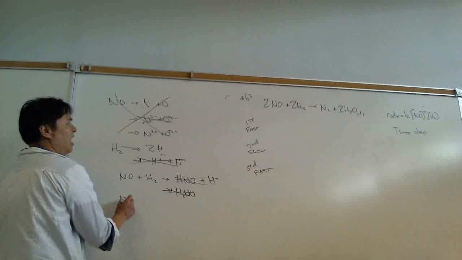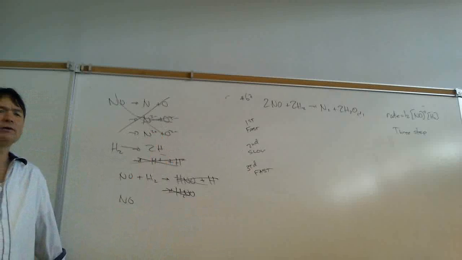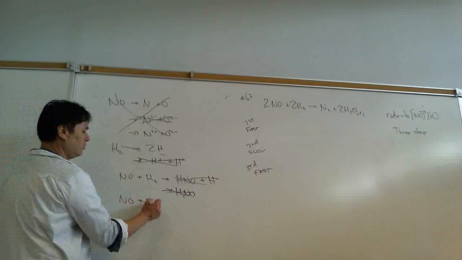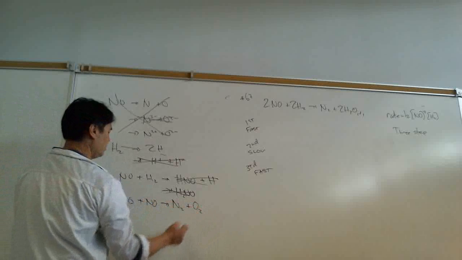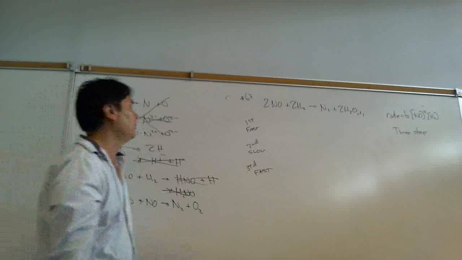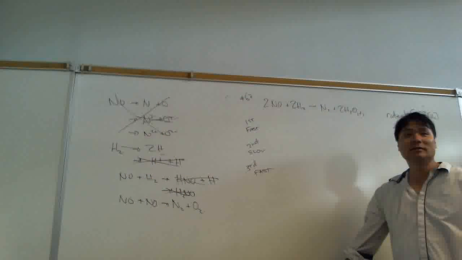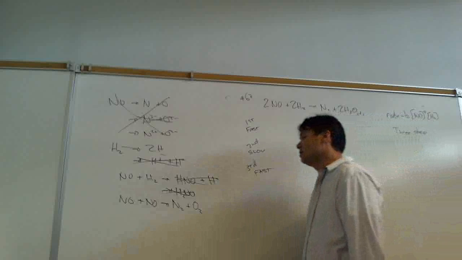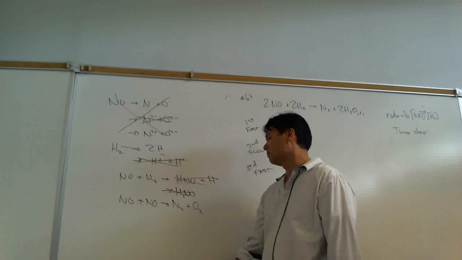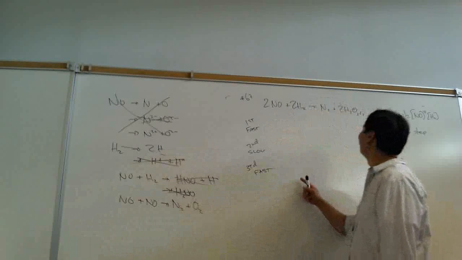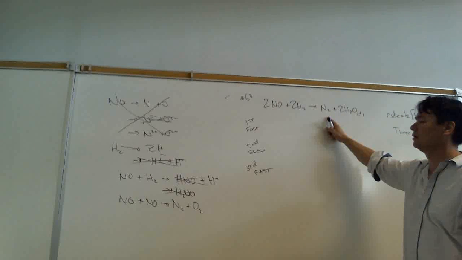Water and NO plus NO. We can't do water because water is a product, and it can only take reactants. So NO plus NO would yield N2 plus O2. But one thing about N2 and O2: are they very reactive? No. On the one hand, this is good because we're forming a stable mixture. On the other hand, actually we do have N2 here, so this might work.